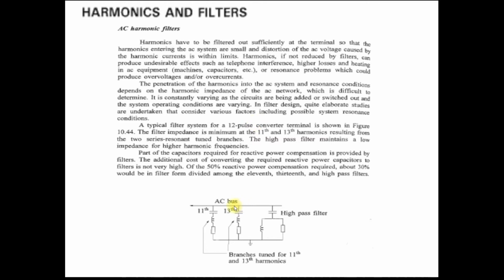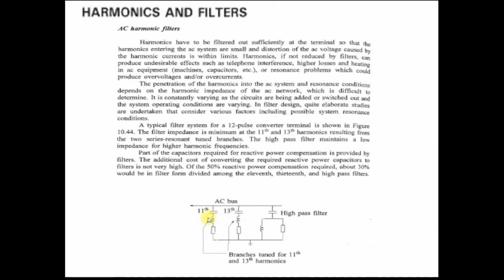To remove these dominant harmonics, we require a tuned filter, a filter specially designed for the 11th and 13th order harmonics. You can see here this is a series LC, a tuned filter specifically designed for the 11th and 13th order harmonics.